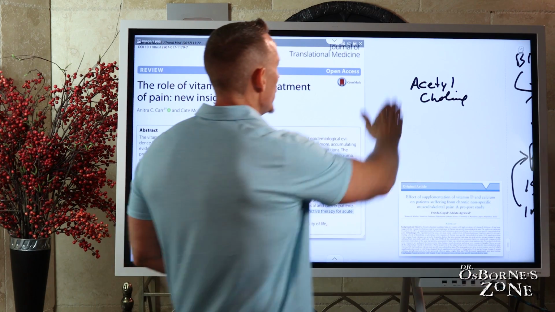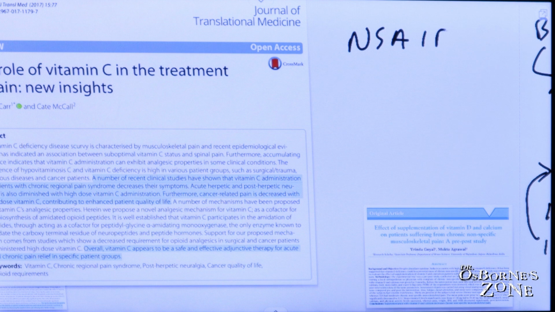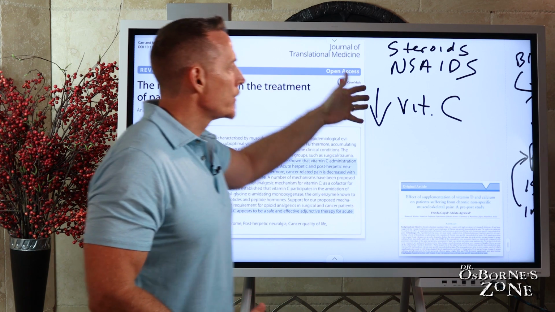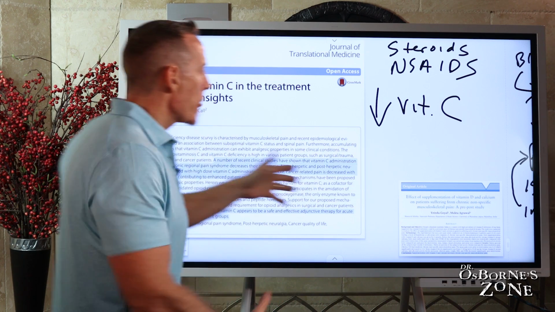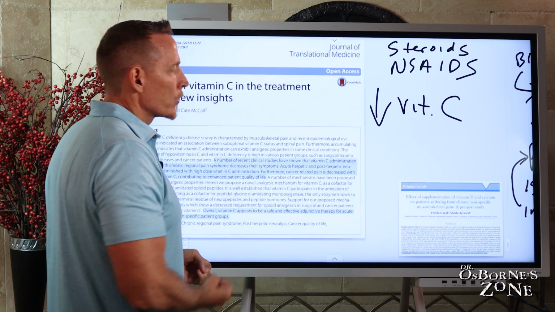Number one, NSAIDs, as we said before, reduce vitamin C. Steroids also reduce vitamin C. Go back to what we've already learned. These are two of the most common medications prescribed for the management of pain, and both of those medicines reduce vitamin C, and vitamin C can reduce pain in people that struggle with chronic pain syndromes.